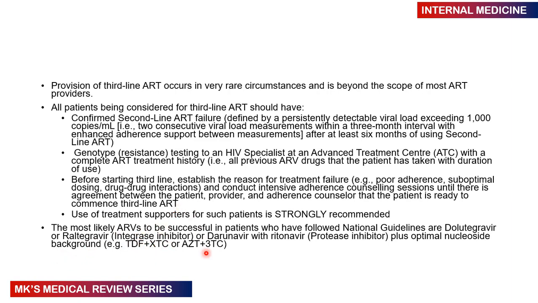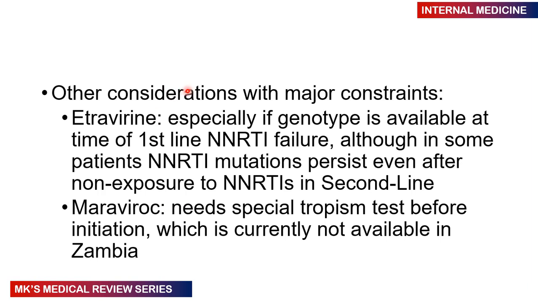Other considerations, with major constraints: you may have etravirine, especially if you have genotypic testing available at the time of first-line non-nucleoside reverse transcriptase inhibitor failure, although some patients have non-nucleoside reverse transcriptase mutations that persist even after non-exposure. Then with maraviroc, this needs special tropism tests which should be done before you initiate the treatment, and we currently don't do those in Zambia.